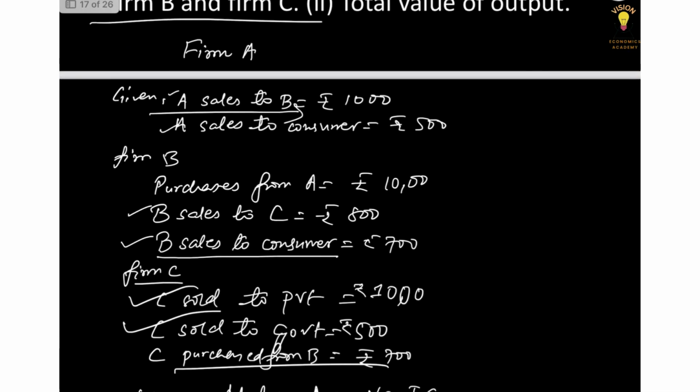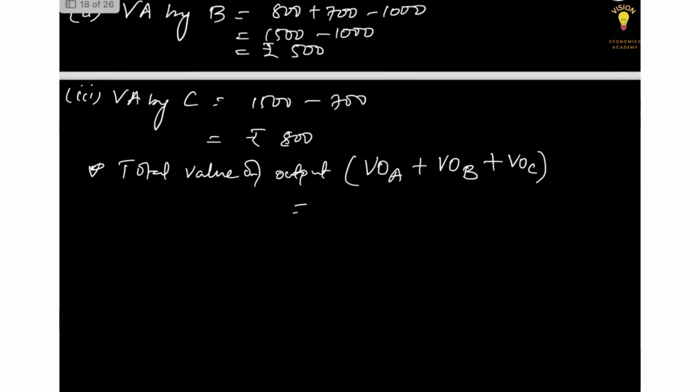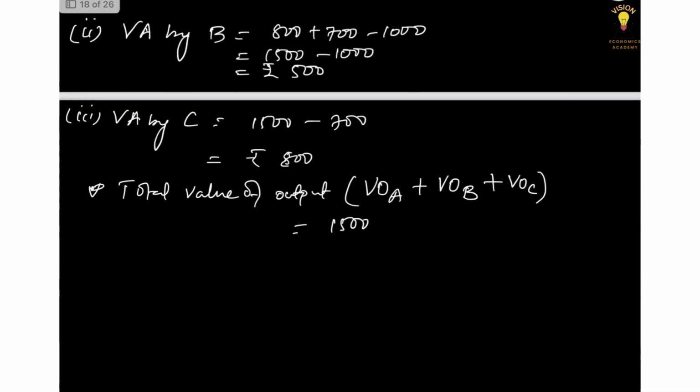So A sells 1500 worth, B is also 1500, C is also 1500. So 1500 plus 1500 plus 1500 will give us rupees 4500. So that is total value of output.